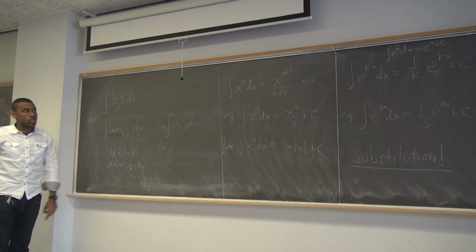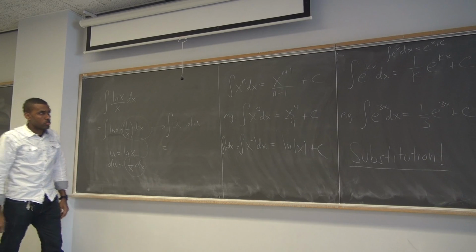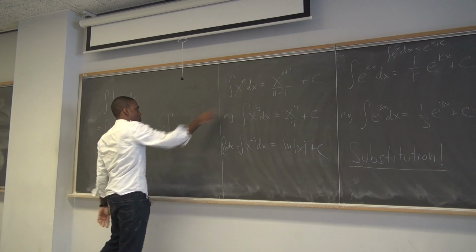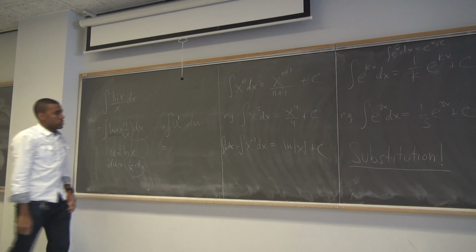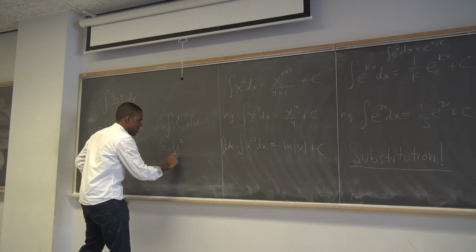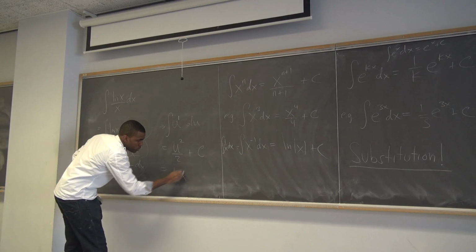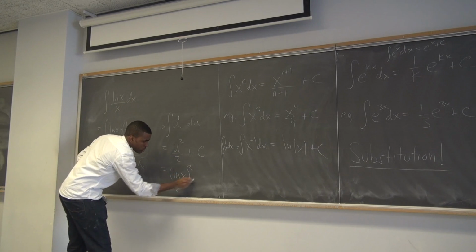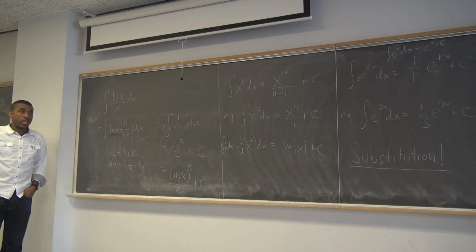What rule is that? Do I need? Just the power, right? The first power. n equals 1. So you add 1 to the power, divide by the new power, plus c. At the end of the day, you replace u with what it's supposed to be. And we have the answer.